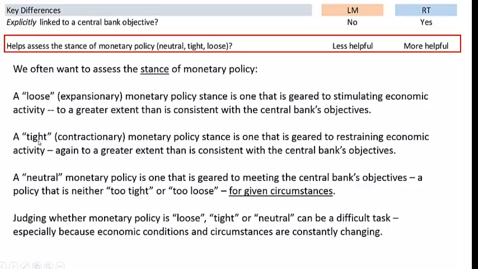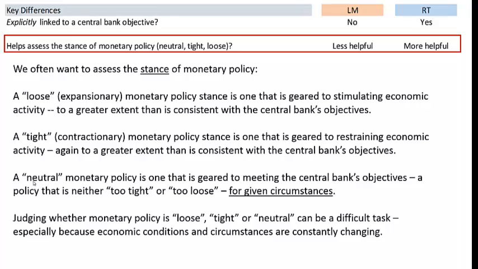In the other direction, a tight or contractionary monetary policy stance is one that is geared towards restraining economic activity, again to a greater extent than is consistent with the central bank's objectives or the given circumstances. So a neutral monetary policy stance is one that is geared towards meeting the central bank's objectives, a policy that is neither too tight nor too loose for given circumstances.